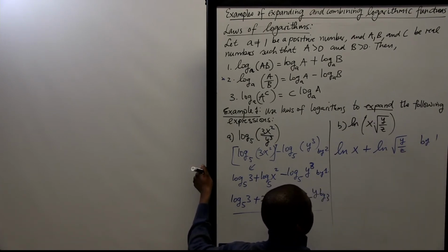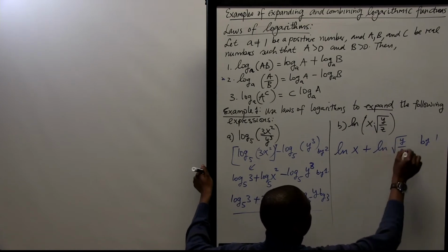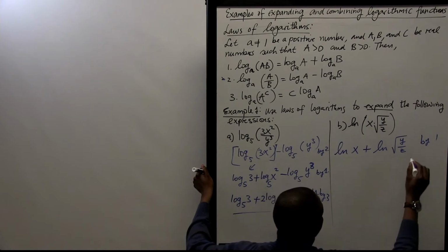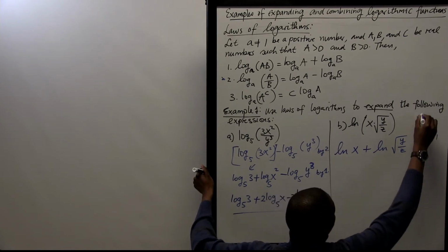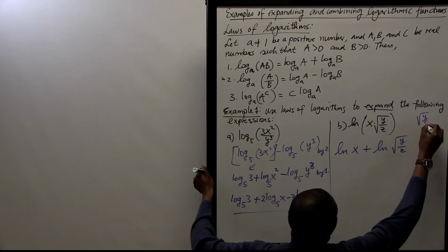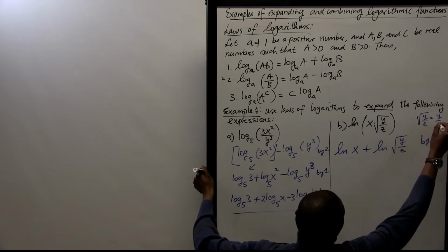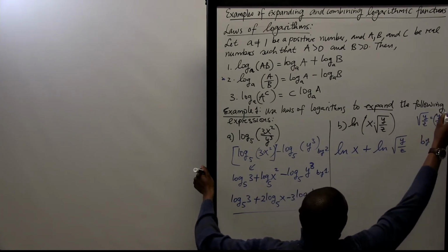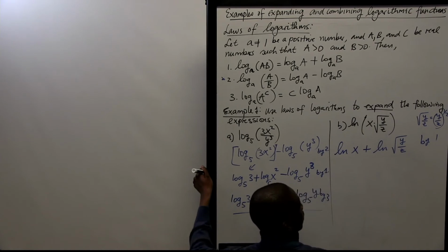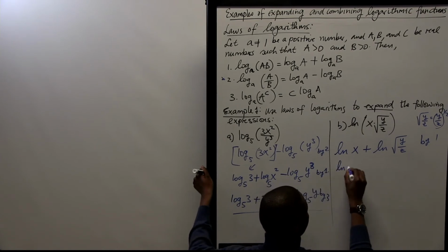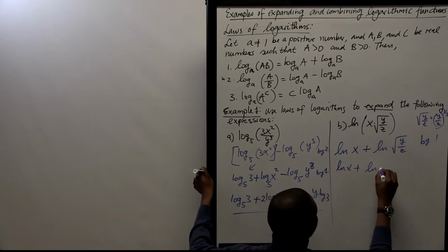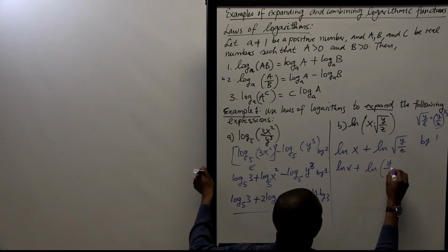Now that we have this, I would like us to work on this a little bit. Notice that the square root of y over z is the same thing as y over z all raised to the power 1/2. So this becomes ln x plus ln of y over z to the power of 1/2.